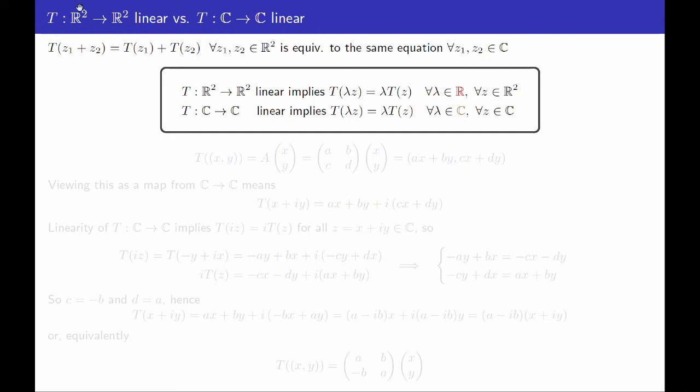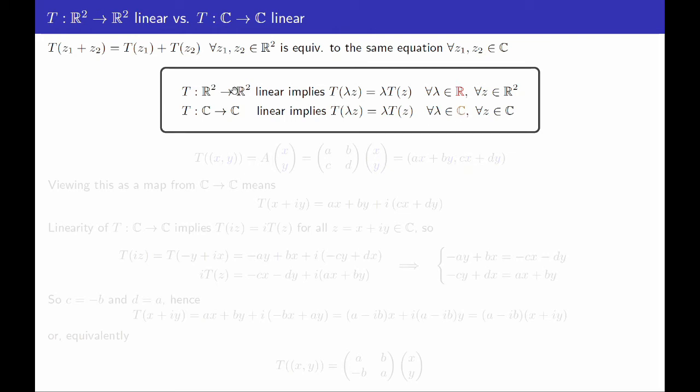R2 is a vector space, and so is C. In the first property, we have scalar multiplication by elements from R. So in particular, we look at R2 as a vector space with the scalar field R, whereas we look at C as a vector space with the scalar field C. So this is the key difference.